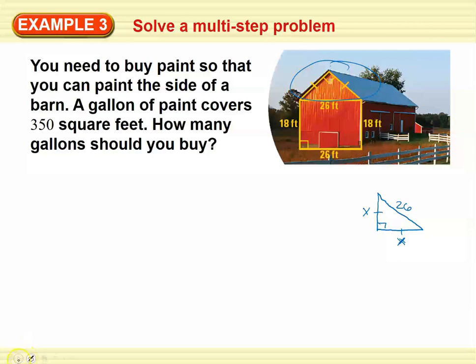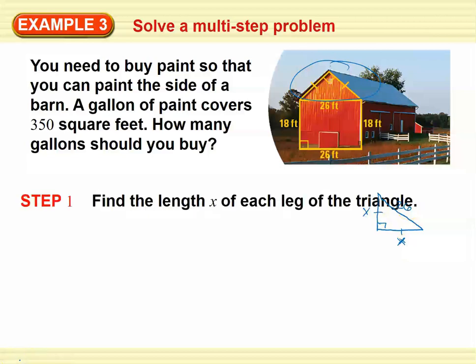All right, so if we set this up using Pythagorean theorem, it's going to be x squared plus x squared equals 26 squared. x squared plus x squared is going to be 2x squared. And then 26 squared is 676, and you can get that just by typing it into your calculator.